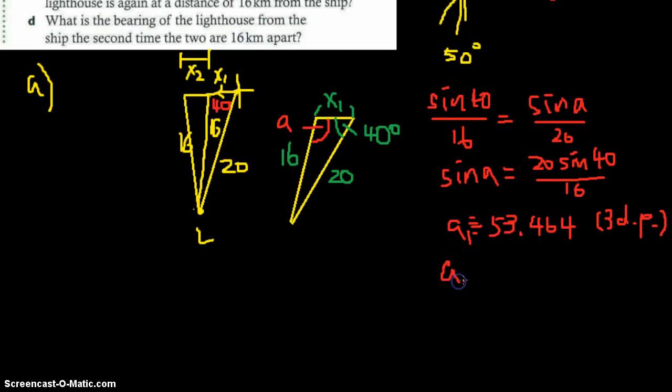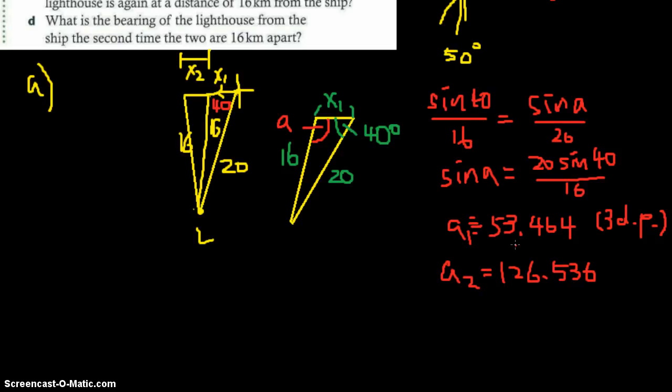Another angle for A, let's call that A2, would be 180 minus that, and put that in your calculator, I have about 126.536. Okay, and because we're dealing with an ambiguous triangle here, we need to take care of both of them.